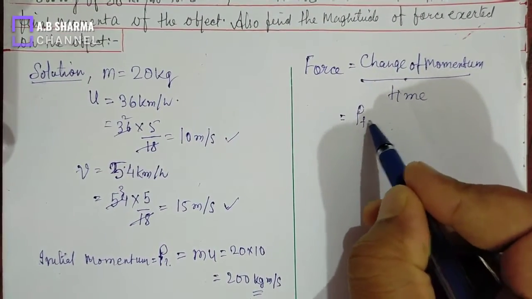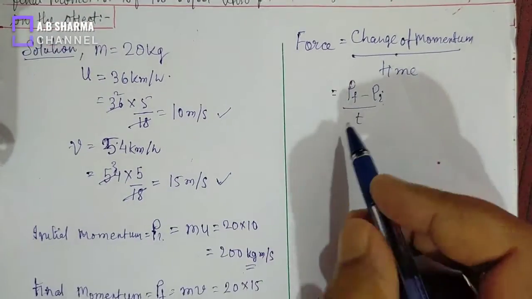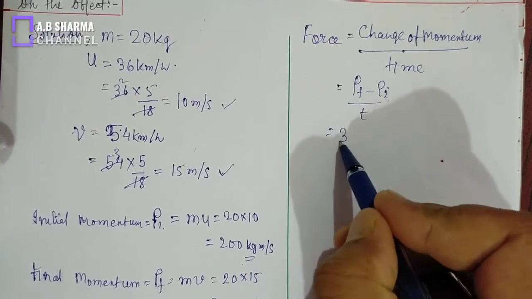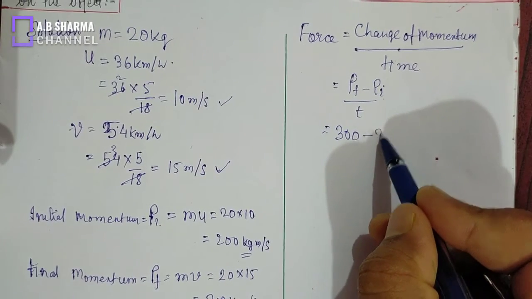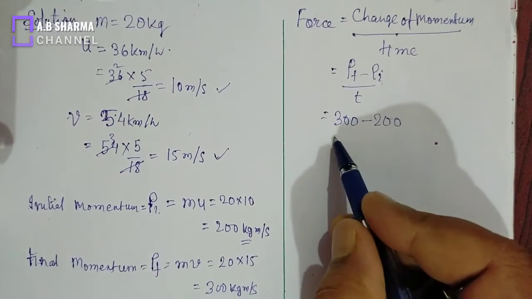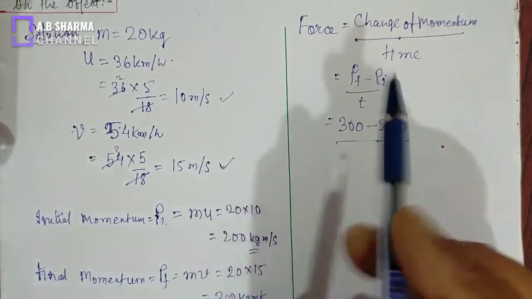We can also write Pf minus Pi over t. Final momentum is 300 kilogram meter per second minus initial momentum 200 kilogram meter per second, and time is given 25 seconds.